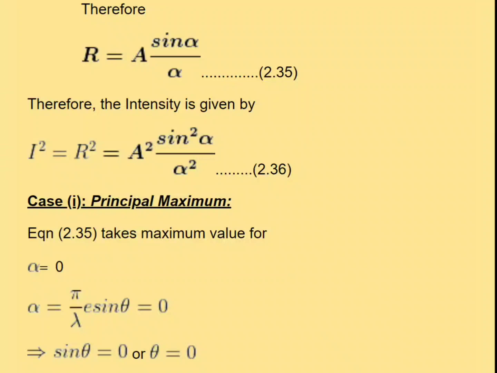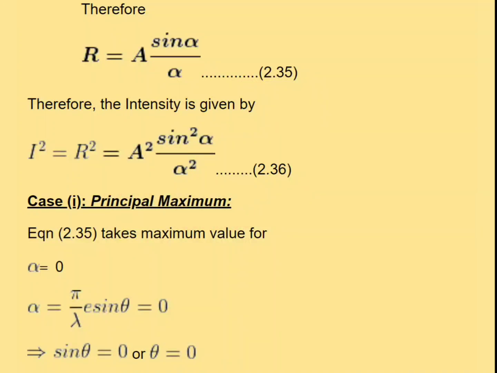Already in interference also we discussed at what condition maximum intensity and minimum intensity are obtained. In a similar way here also we discuss at what condition principal maxima, secondary maxima and minima are obtained.